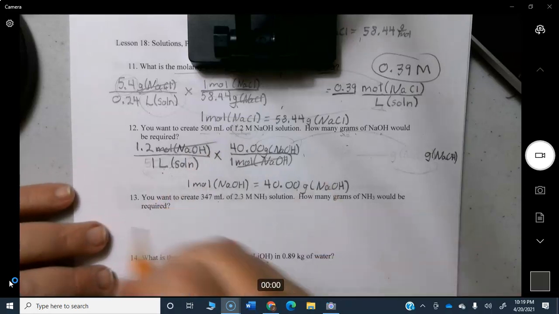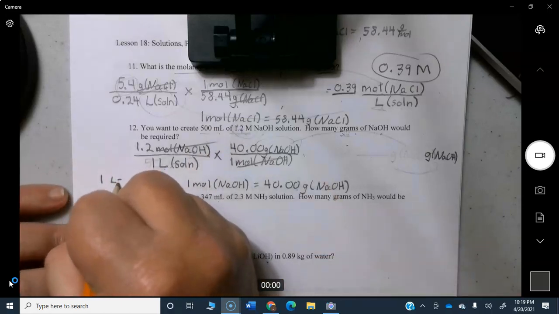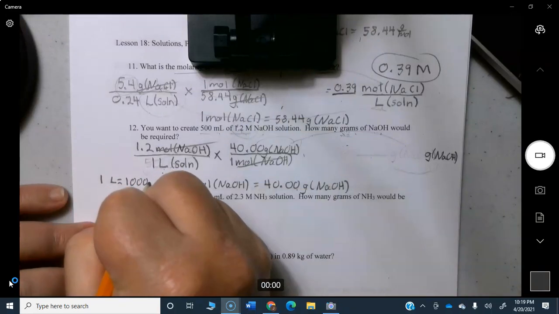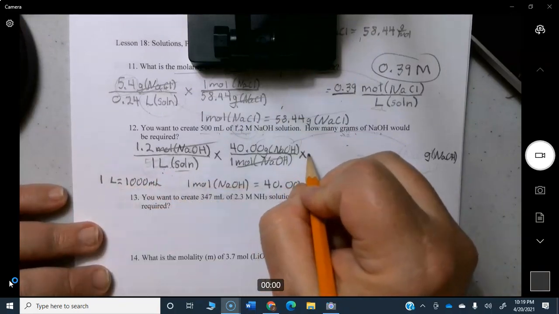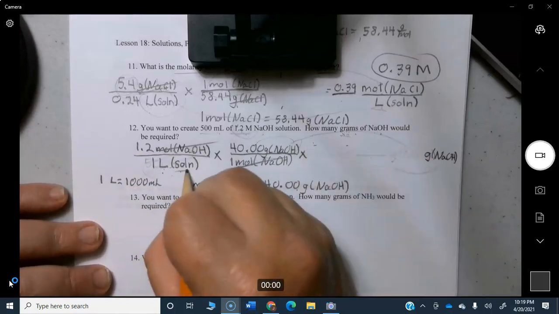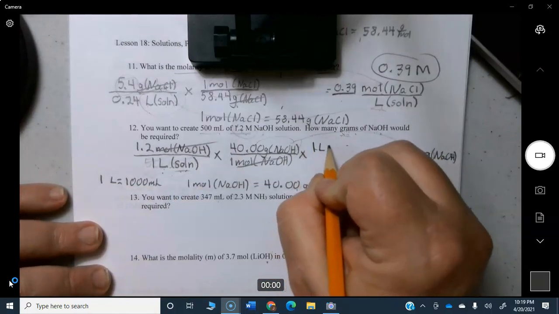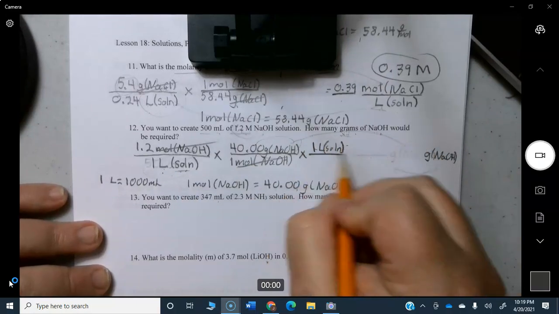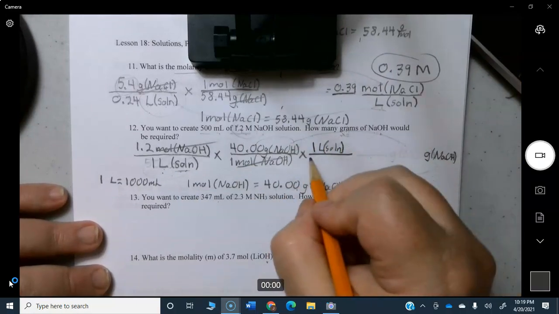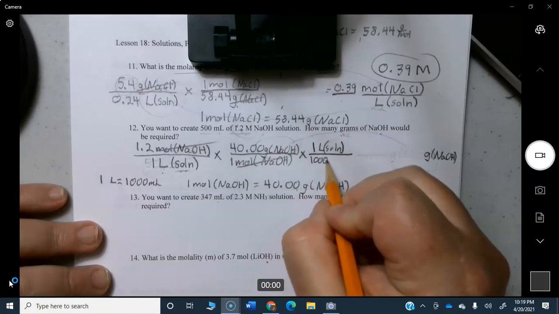So we're going to use our 1 liter equals 1,000 milliliters, and we're dealing specifically with solution, so we're going to write it like this. We need liters to be on top, so it'll cancel with this. 1 liter of solution over 1,000 milliliters of solution.